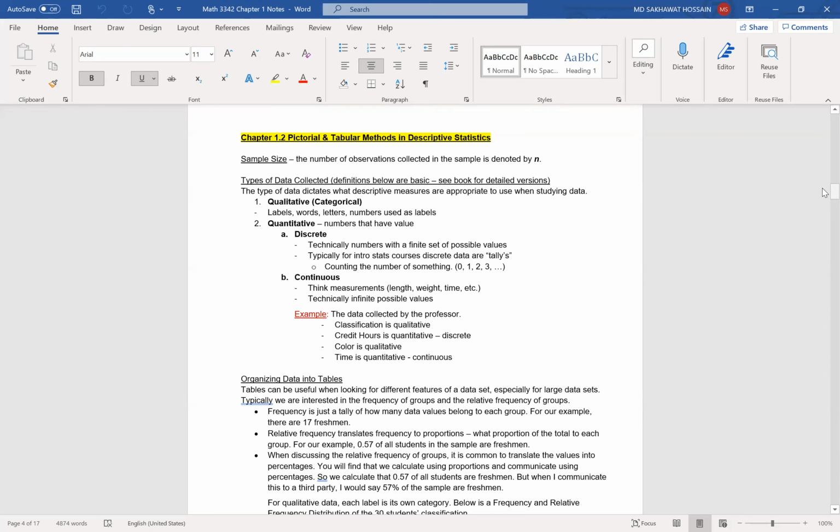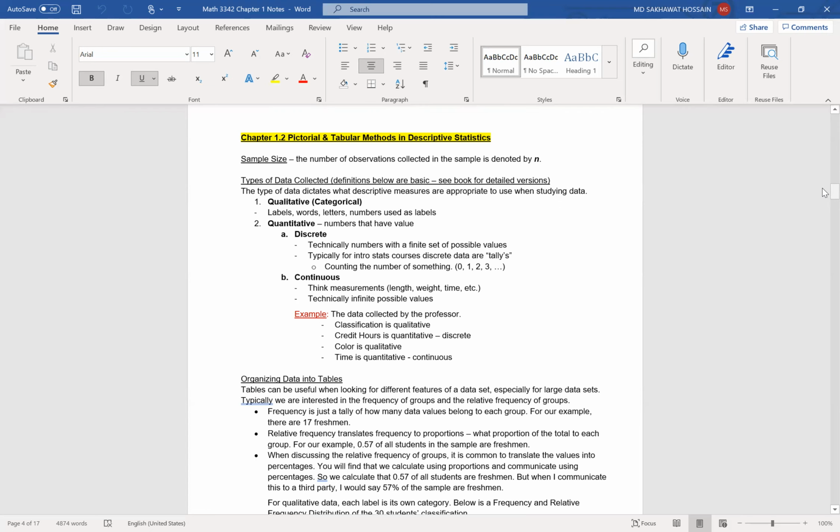Discrete data is the counting number of something, for example, 0, 1, 2, 3. For example, if we consider the number of students, that is a counting number, right? Number of students could be 0, 1, 2, 3, 4, 5, 6. So this is called discrete.